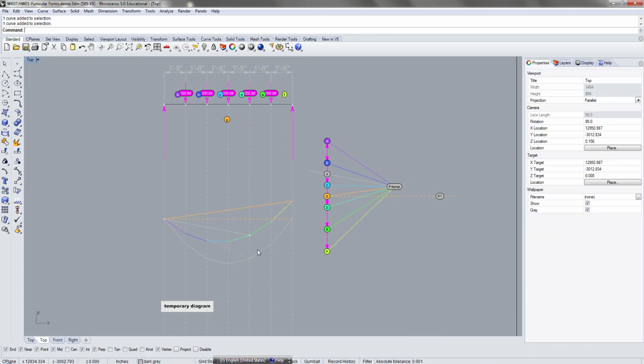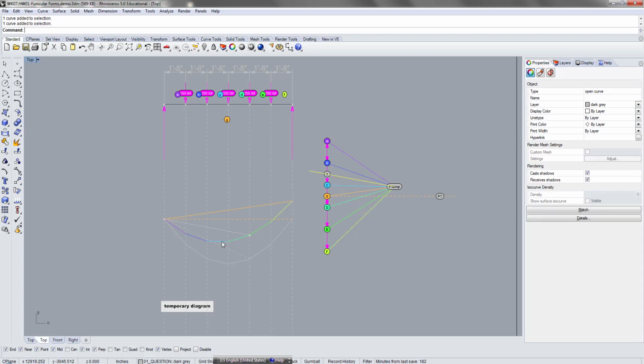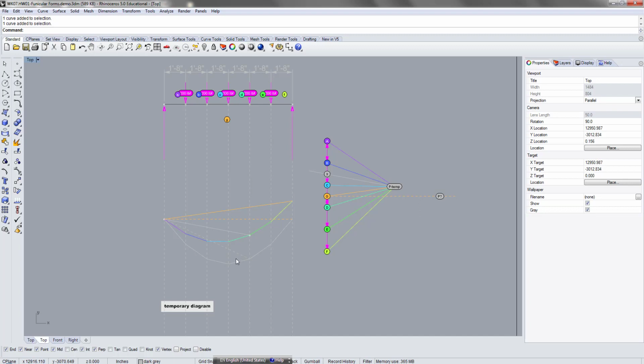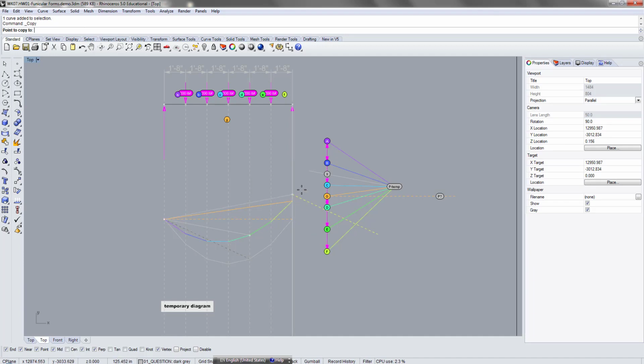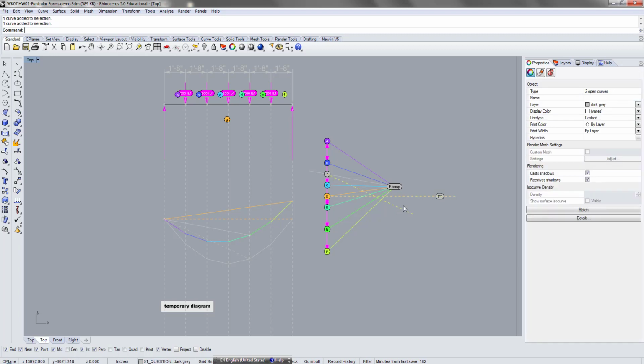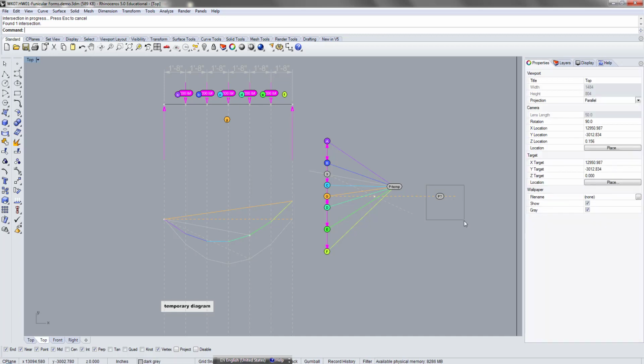Another thing that we know is this gray line that's shown here now needs to change the angle to be the same as this. So we are going to copy that to point X. So the new point P would be determined by the intersection of these two lines. So that's actually the new point P.